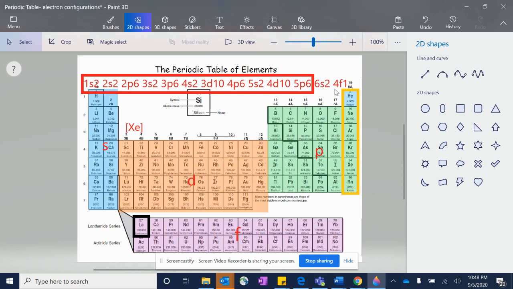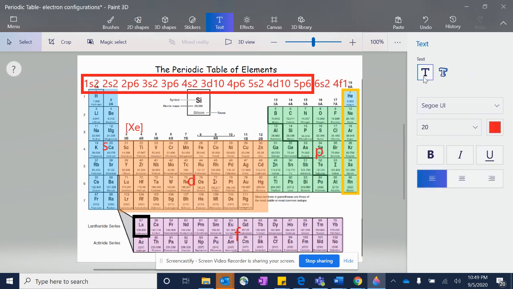Then I just have this leftover information that is kind of unique to lanthanum or is not easily represented with this noble gas stuff. So we would still write that on. We would still put in our 6s2 and our 4f.